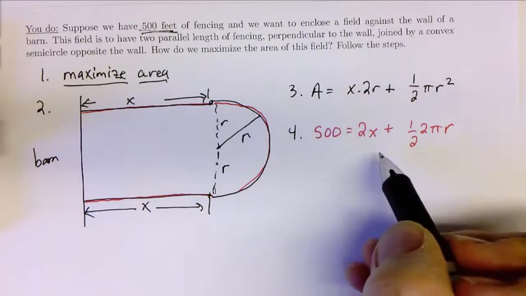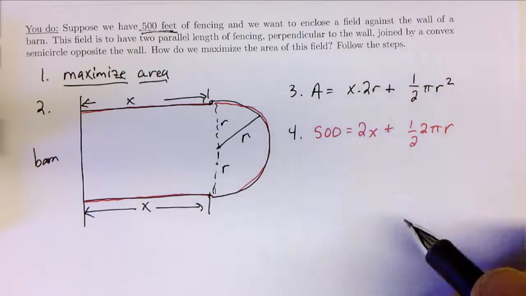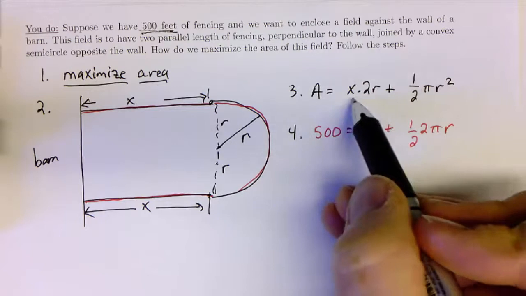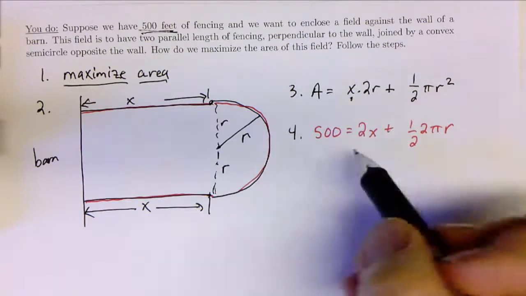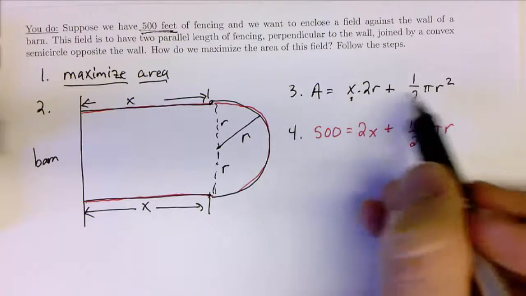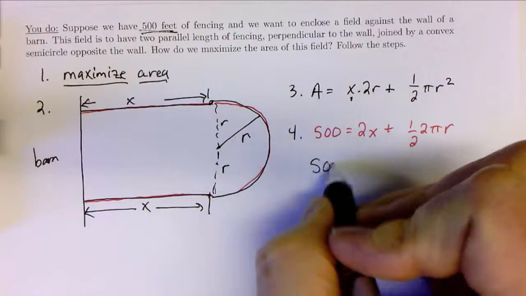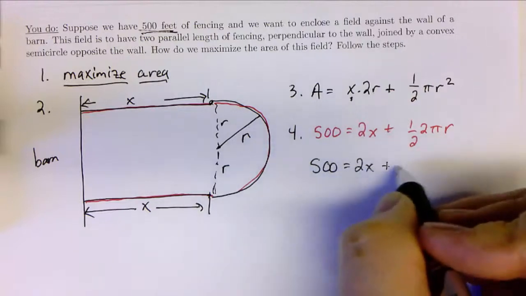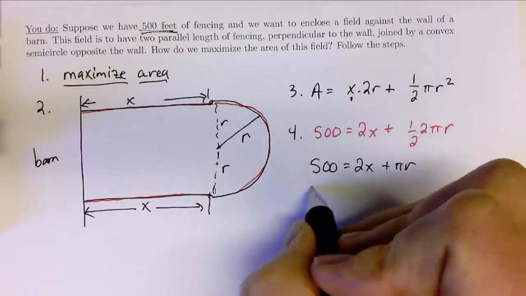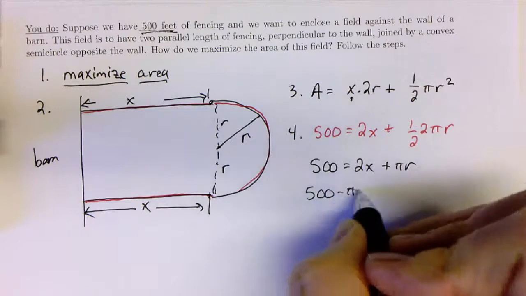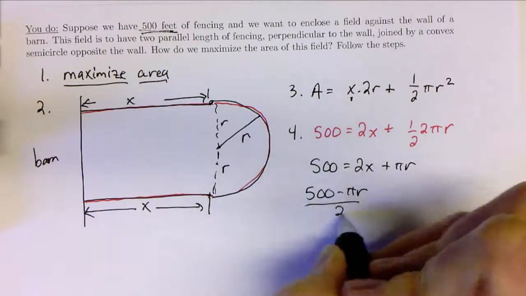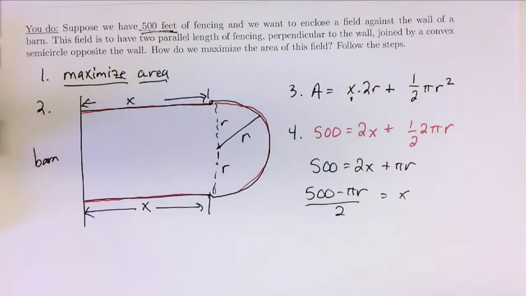I can solve this for one of the variables and substitute into the other. I'm going to solve for x because I see up here in my equation for the area that I have only one x to substitute. If I solve for r and substitute, I'd have to substitute in a couple places and do some more math. So I have 500 equals 2x plus pi r, or 500 minus pi r equals 2x, so divide by 2 equals x.